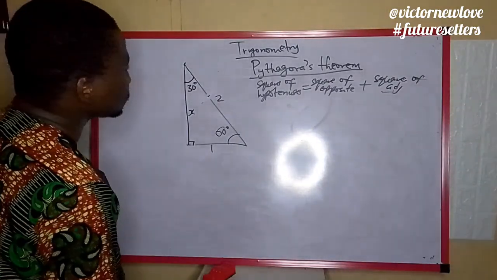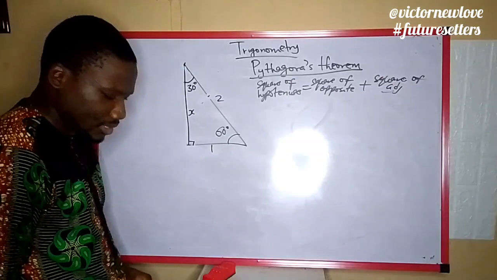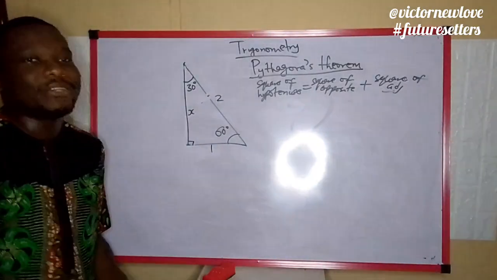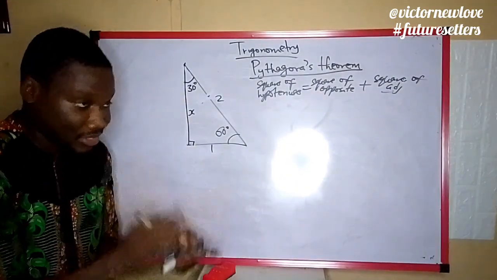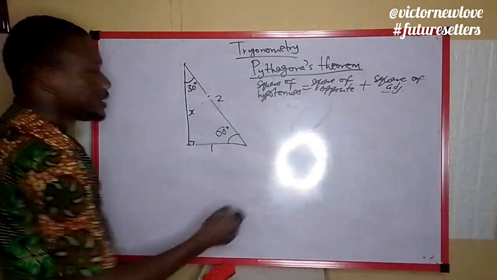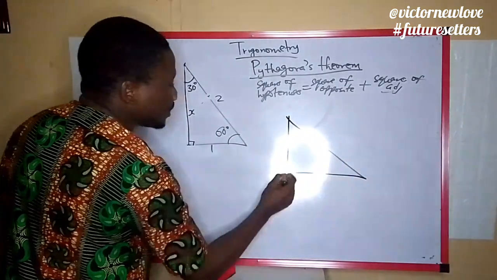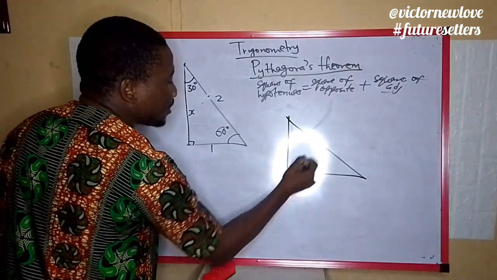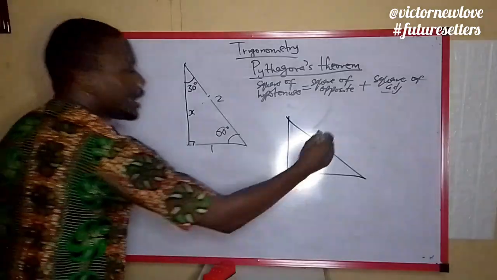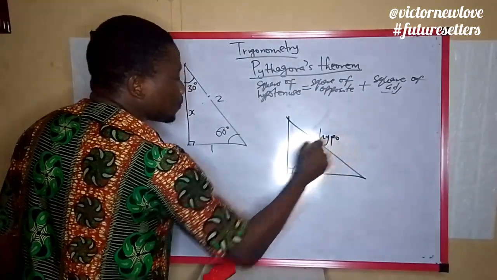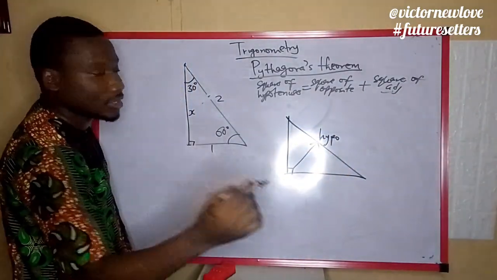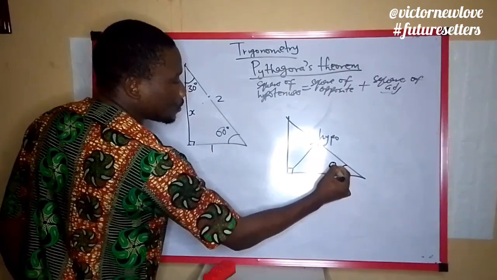Now, take note. What is the hypotenuse? Some persons will say the hypotenuse is the shortest side, but I will tell you the hypotenuse is the longest side. The side facing the right angle is known as the hypotenuse. For example, this is angle theta.